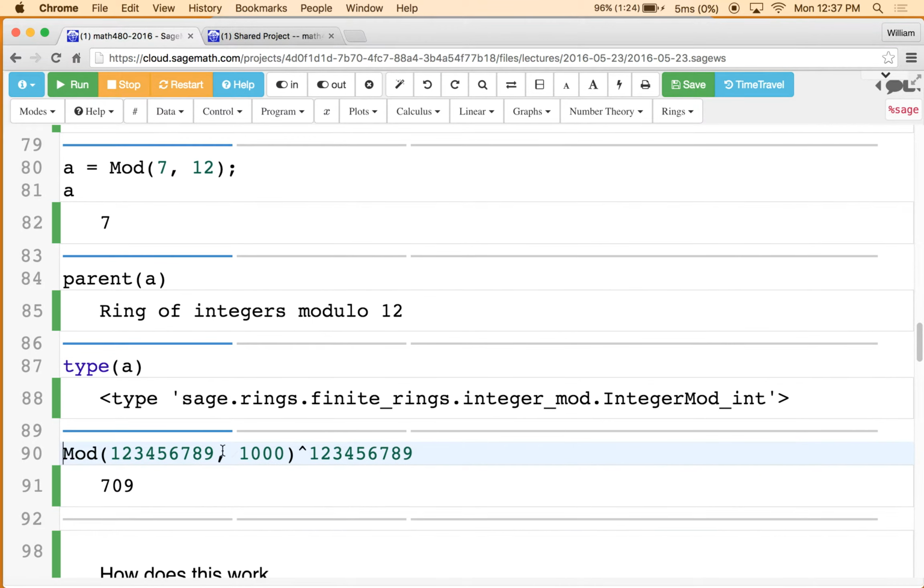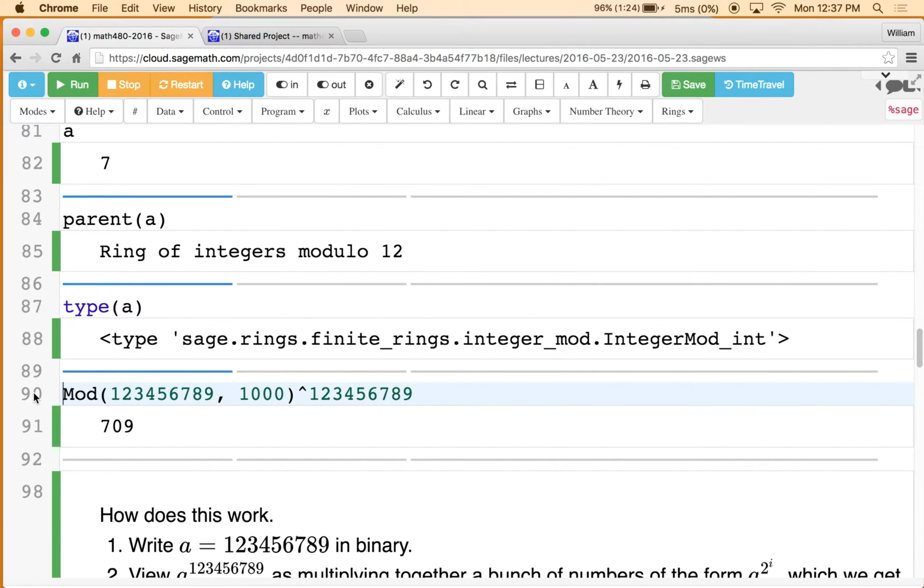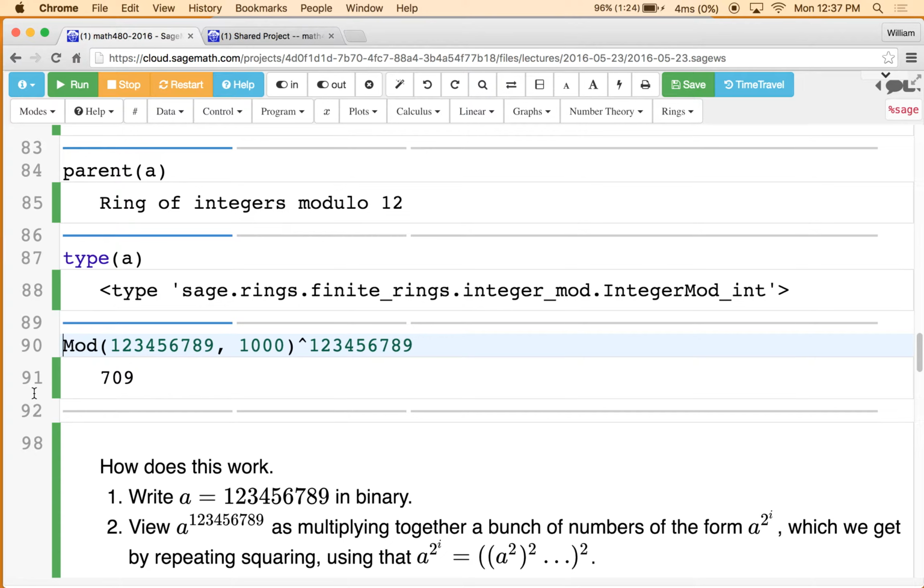Okay, so here's how you compute 123456789 to the power of 123456789 modulo 1,000. You first create the number 123456789 mod 1,000, which is, of course, just equal to 789 mod 1,000. And then you raise that to the power that's given over there on the right.